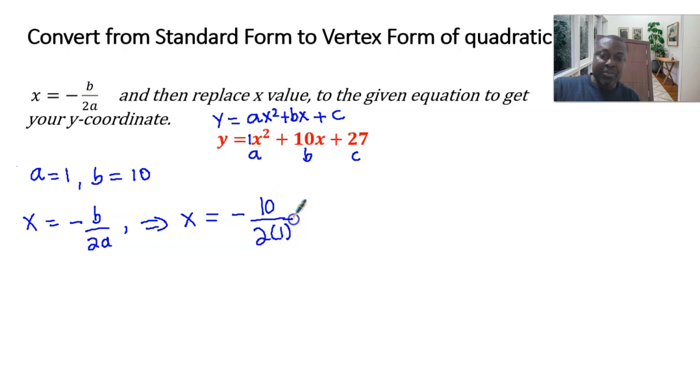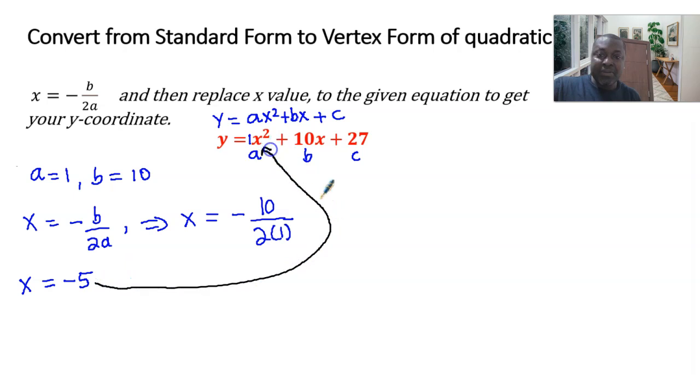You can put it in parentheses or brackets. It means multiplication. And when we do that, we get x equals negative 10 divided by 2, which is negative 5. Once we get this number, we are going to plug it in place of anywhere we see x. It happens two times. We are going to plug it in to get our y coordinate.